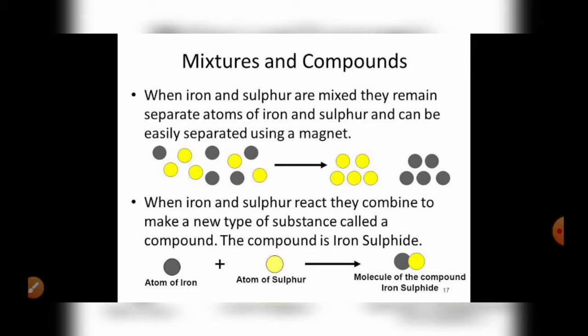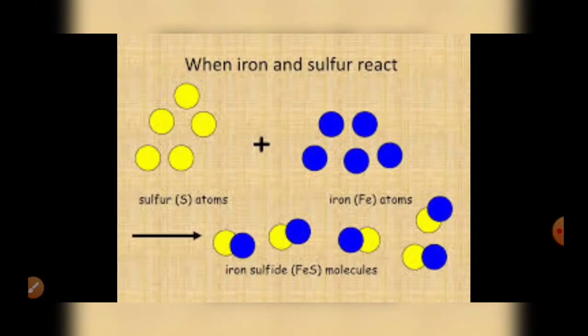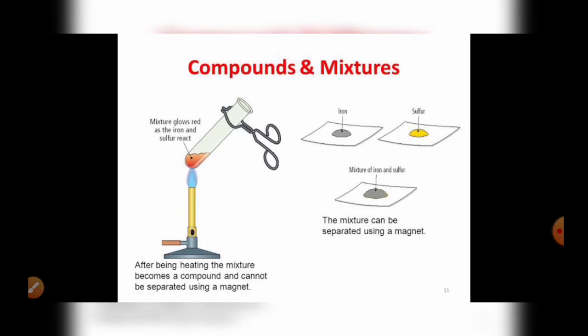In this iron sulfide, we cannot separate iron and sulfur by magnet because the iron sulfide is not attracted by the magnet. Okay, so see here what reaction is going on. Sulfur atom plus iron gives iron sulfide. Okay, next you see how it will be forming.